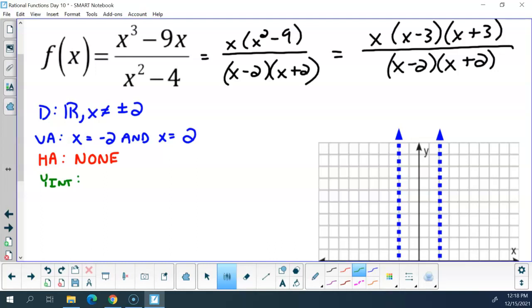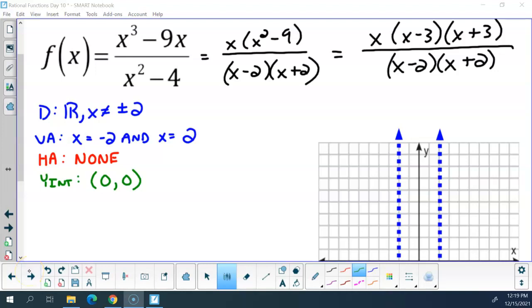What is it? 0, 0? Plug in 0, we get 0 cubed is 0, minus 9 times 0 is 0, 0 minus 0 is 0. 0 minus 4 is negative 4, 0 divided by negative 4 is 0. Love it.